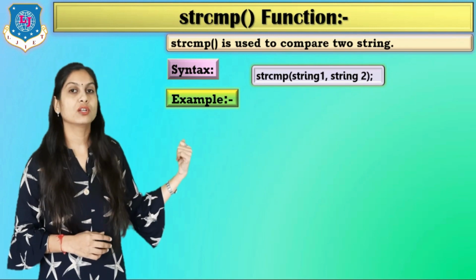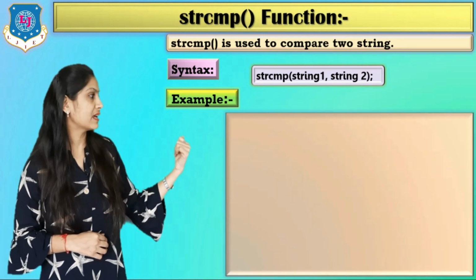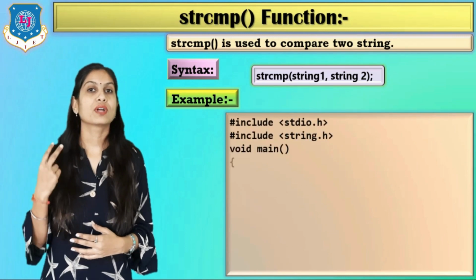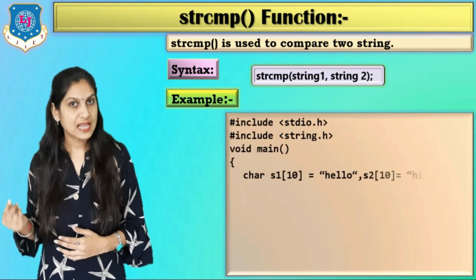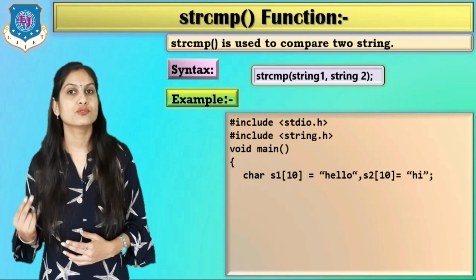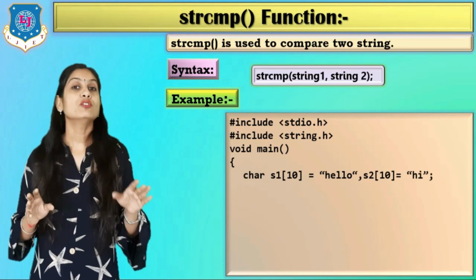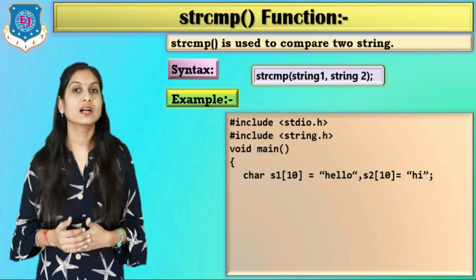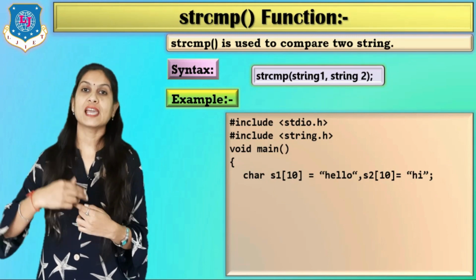So first we have to include both the header files, and then inside void main we have to write two strings. So char S1 10 equals hello and the second string, S2 10, equals hi. Now this function is used to compare two strings, and how does it work? It has to check all the characters one by one.